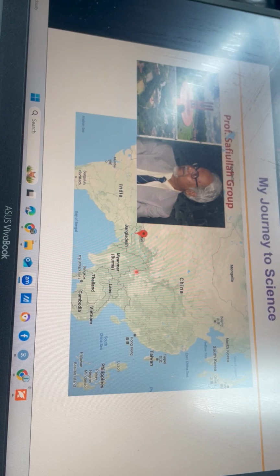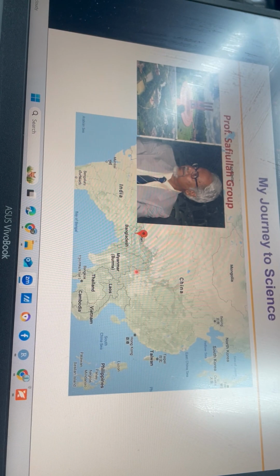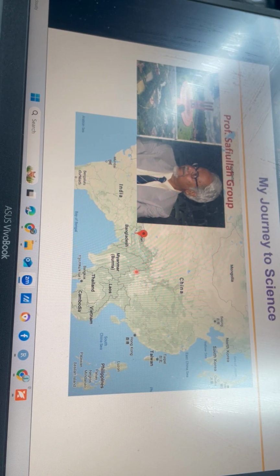Then I moved with my father to Khulna. So I started my primary school also in Khulna. I studied in Shiromani primary school up to fifth grade.